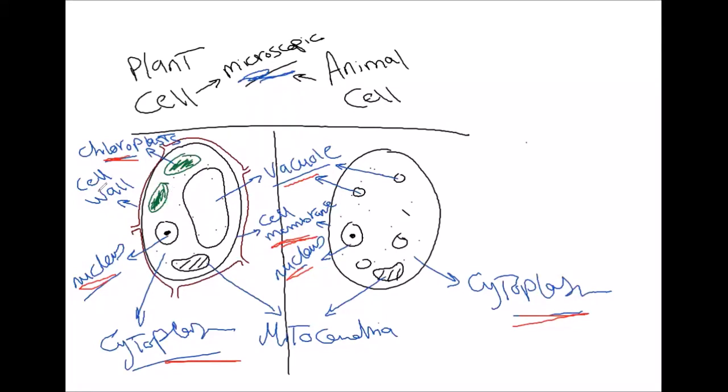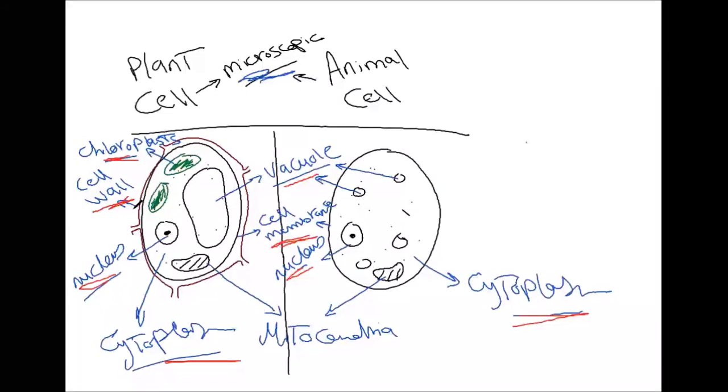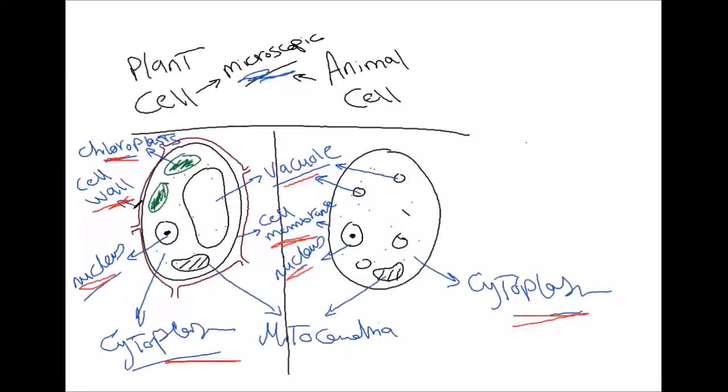Also, plant cells have something extra, which is the cell wall, because plant cells are extra. They make their own food, so they must have something to protect them. The cell wall is a rigid, hard wall that surrounds the plant cell to give it its shape and also protects the cell. Okay, guys?